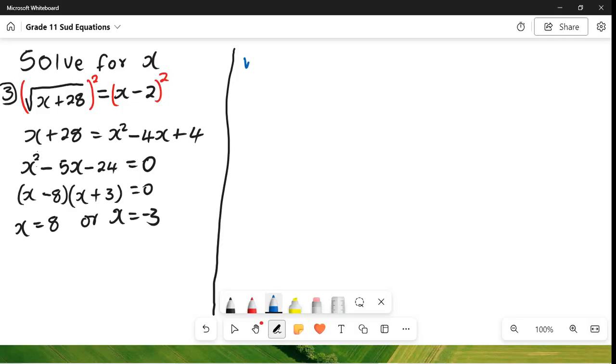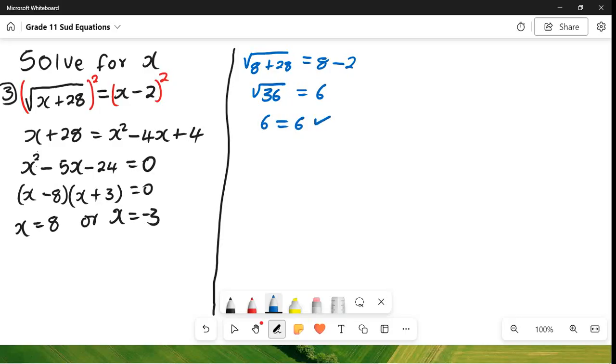So we will have the square root of, we start with 8 plus 28 equals 8 minus 2. 8 plus 28 is 36. Then we have the square root of 36 equals 8 minus 2 equals 6. The square root of 36 is 6. It's equal to 6, and this is correct.